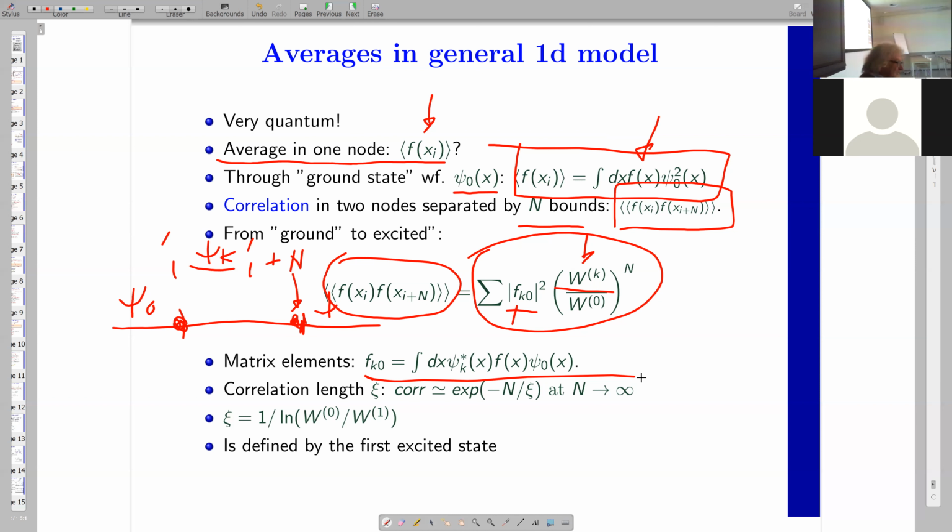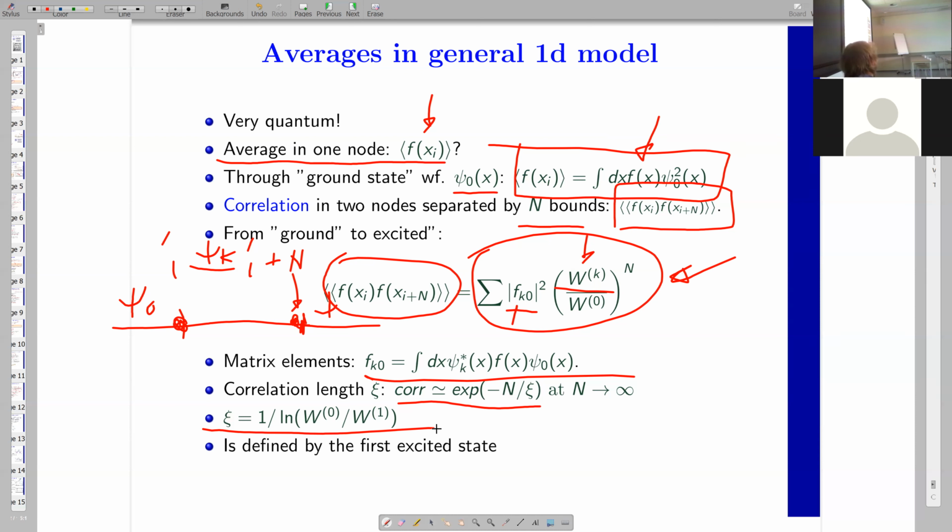And this is expressed by the correlation length. So you'd expect the correlations to be exponential at big separation between the nodes. All right, from that it follows, if you look at this formula, that the correlation length is given by the log of the ratio of the ground state, let me use quantum terms, and the first excited state. Good.